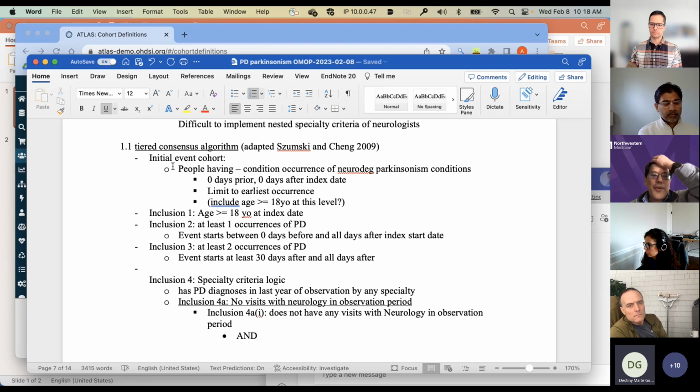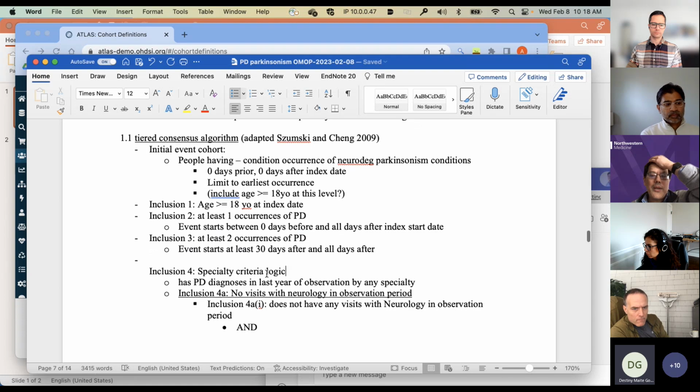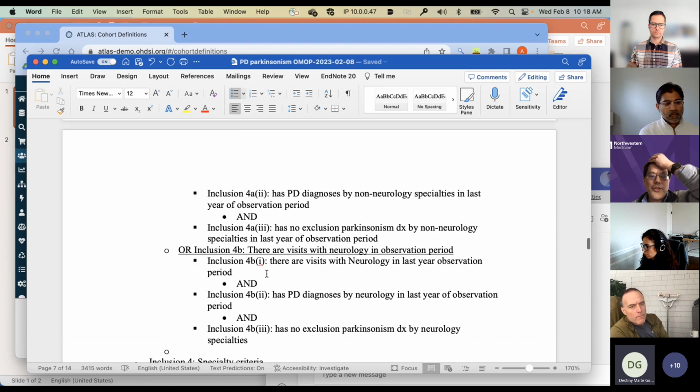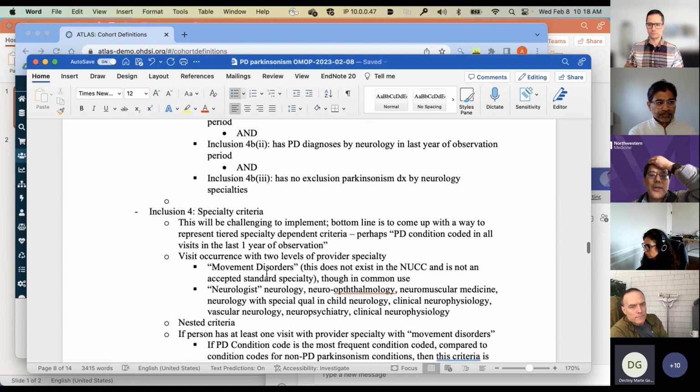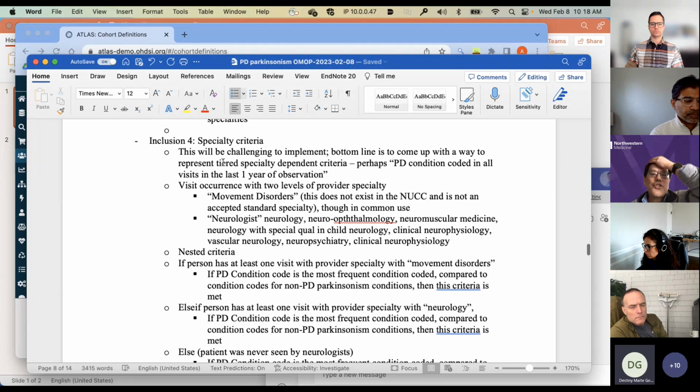So initial event cohorts are all the same, at least 2 occurrences of the Parkinson specific code. And then we go into the specialty criteria logic. Okay, let me skip to what I wrote in words first, and then we'll go into how OMOP might do this. So this is challenging. There are 2 specialties, movement disorders and neurology.